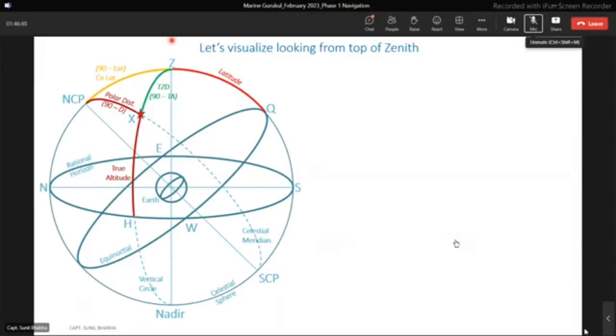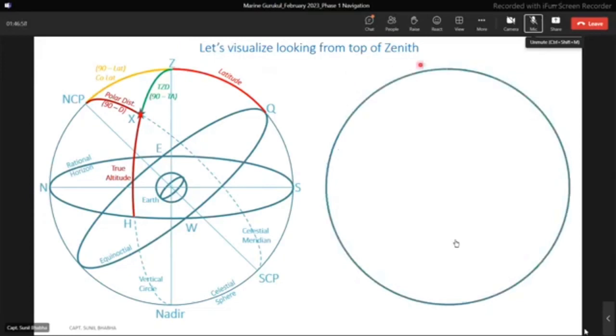We will try to put it in a diagram on the right hand side of the screen. So in the blank portion now you will see how the celestial sphere looks from top of the zenith. Now first of all, the celestial sphere looking from top is going to look like a circle again.